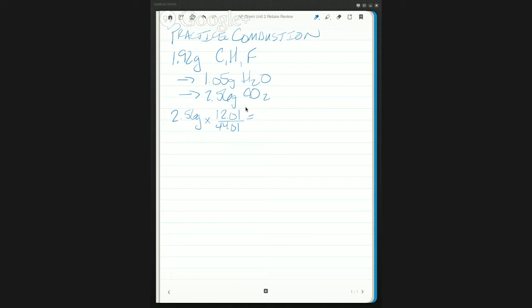So 2.56 times 12.01 divided by 44.01, and I get 0.6986 grams of carbon. That's how much carbon was in the CO2, and in the original 1.92 gram sample.